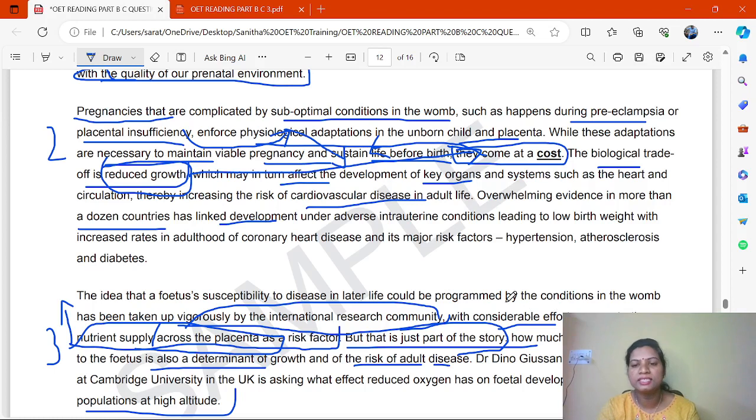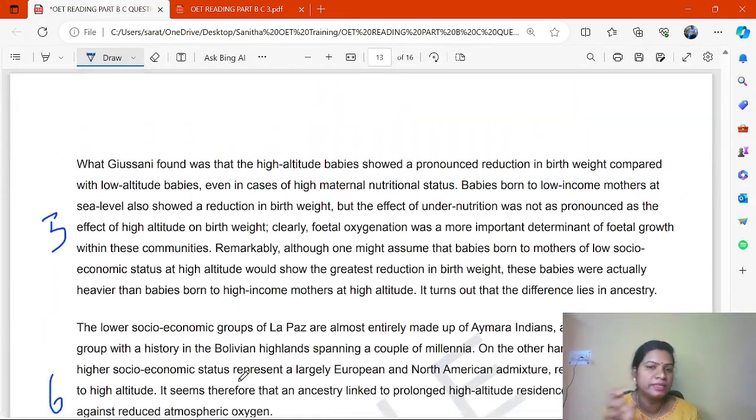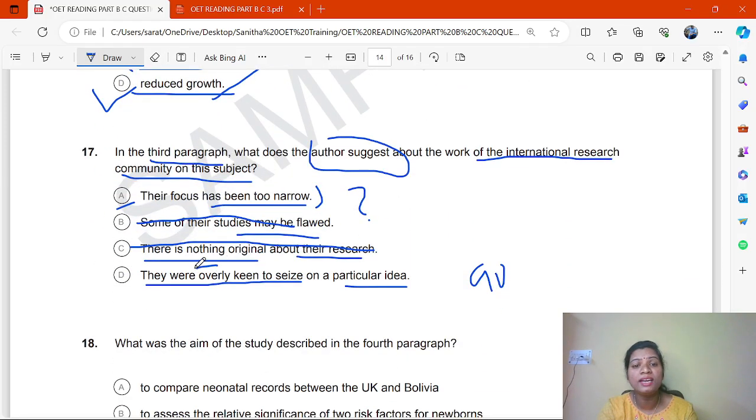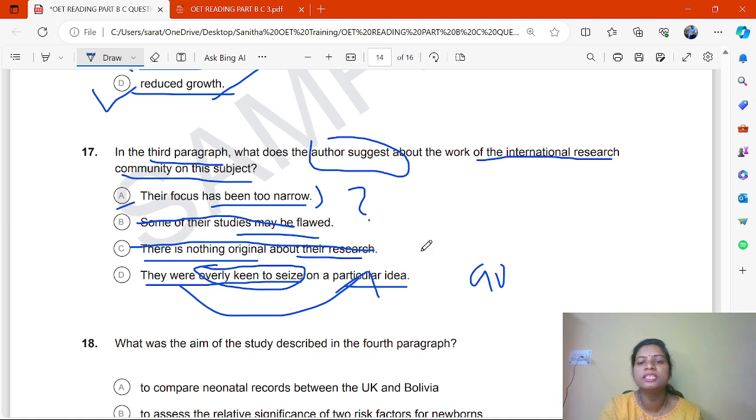But it is only one word, and "overly keen to seize on a particular area" is not said in the passage. So this is also eliminated.